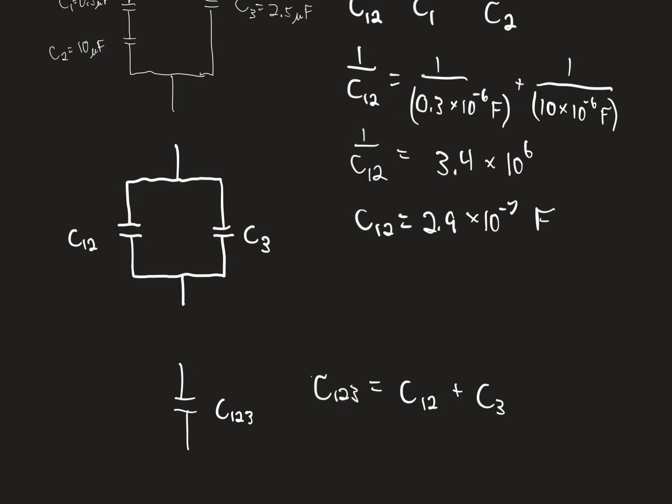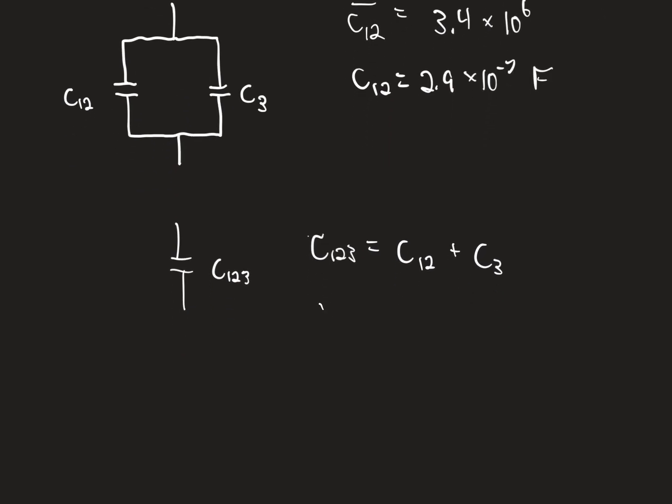They put an air conditioner right above my head. I can't hear anything. Okay, so C123 is equal to 2.9 times 10 to the negative 7 farads plus C3. What was C3? It's 2.5 times 10 to the negative 6 farads.